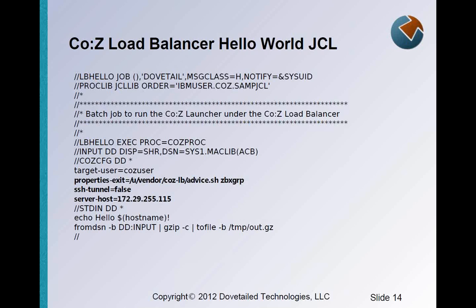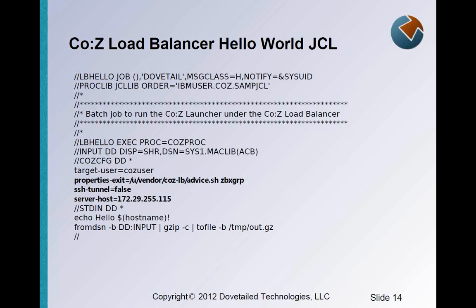So there's a couple of interesting things here. These are properties that we are going to specify. The first property is the target user. That is the user on the remote server that we're going to ask to perform the work. And then rather than specifying a target host explicitly, which we would also be able to do, we're going to specify a properties exit property, and the properties exit is basically going to explicitly call that advice script that we just looked at, passing in the group name of the virtual server group that we want to get advice for.